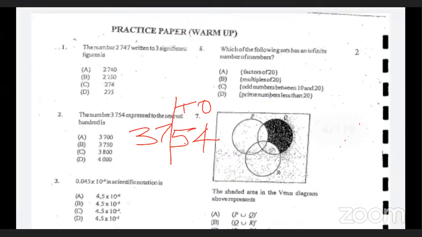All right, I'm going to ask you 3 questions. Good evening. All right, so the number is 3,754, right? Yes, Miss. So if you think about hundreds, that number is between 3,700 and 3,800, right?